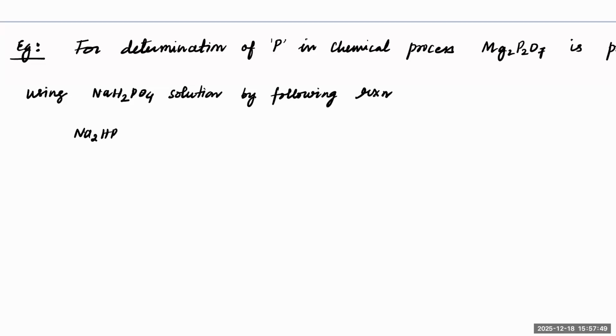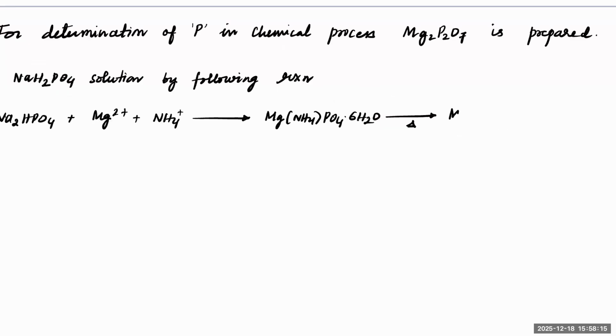Na2HPO4 plus magnesium 2+ plus ammonium is giving us Mg NH4 PO4 dot 6H2O, which on further heating becomes Mg2P2O7.